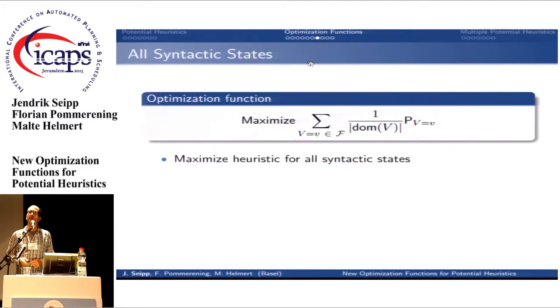So what we came up with is to optimize the heuristic values for all syntactic states. And this is done by weighing each potential by the relative number of states that it appears in. So 1 over the domain of this fact, and then maximizing this weighted sum.